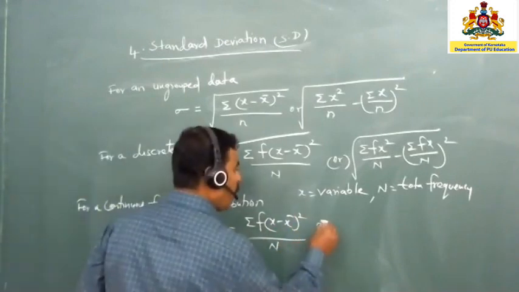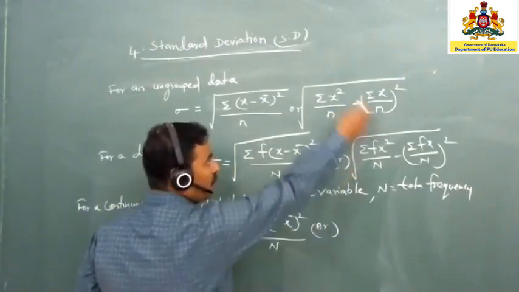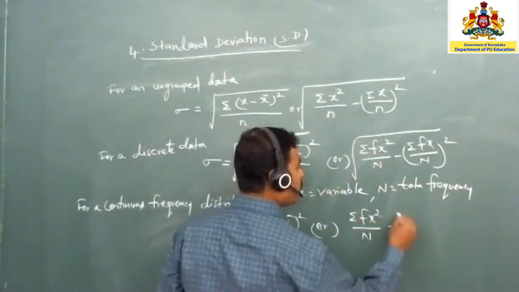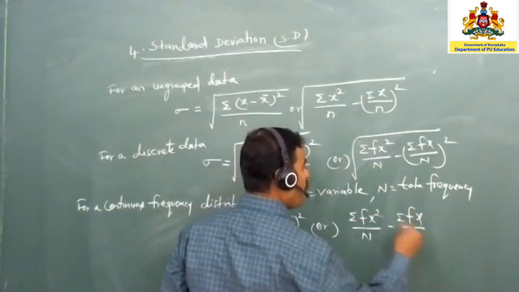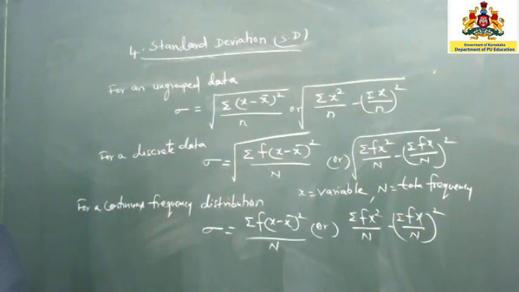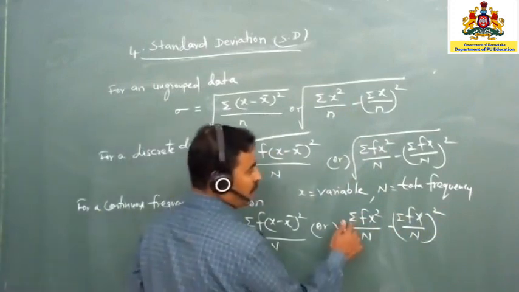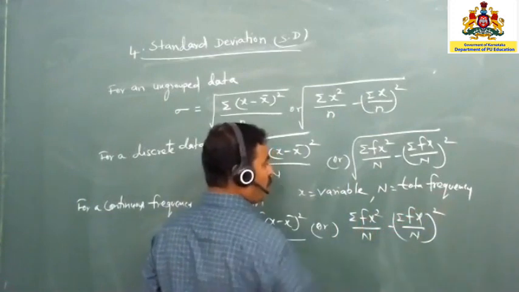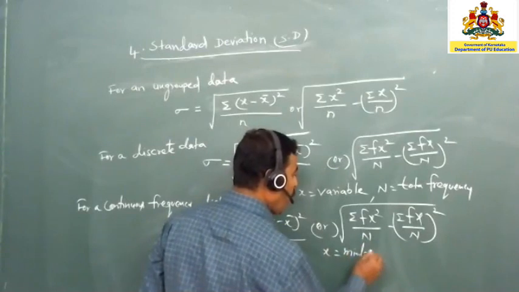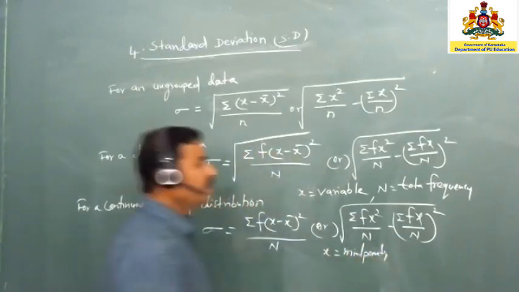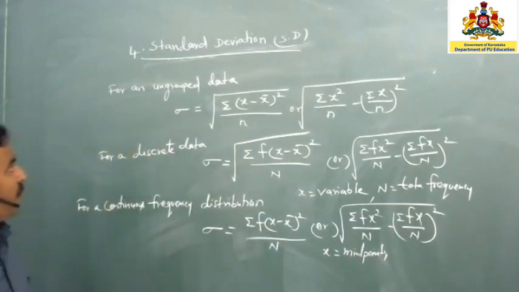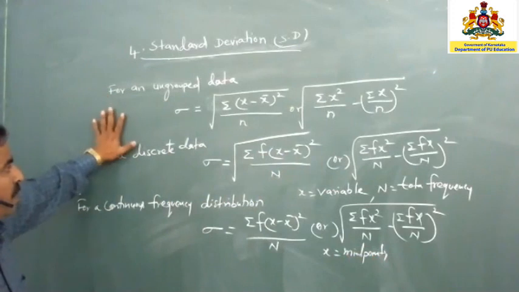Or for calculations, I'm using this formula: square root of summation fx square by n minus summation fx by n whole square. Here x equals the midpoints, n is the total frequency, and f is the frequency.